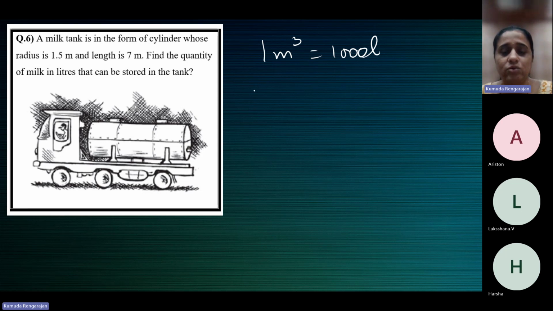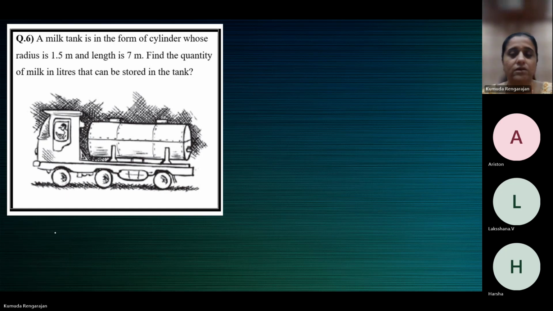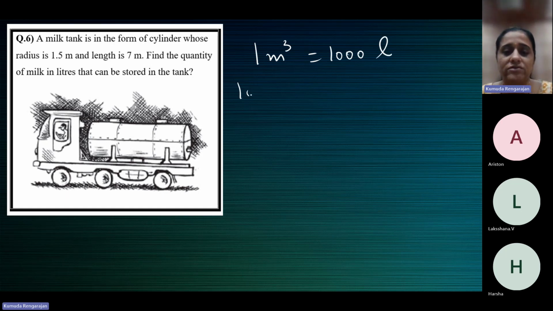And a container whose volume is 1,000 centimeter cubed can hold 1 liter of liquid. If the volume of the container is 1 meter cubed, it can hold 1,000 liters of liquid. If the volume is 1,000 centimeter cubed, it can hold 1 liter of liquid.